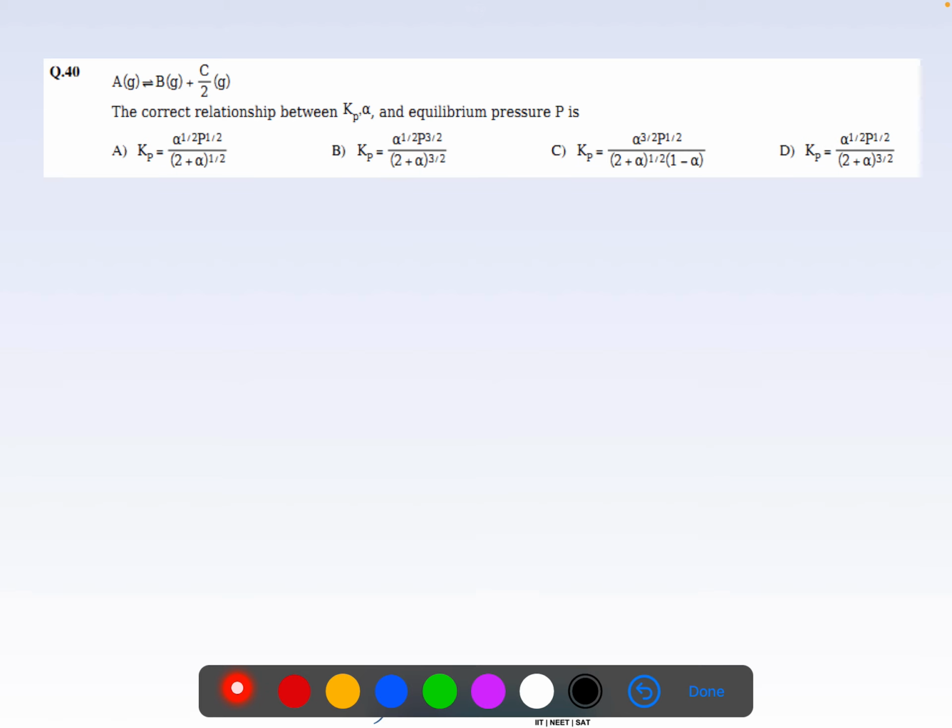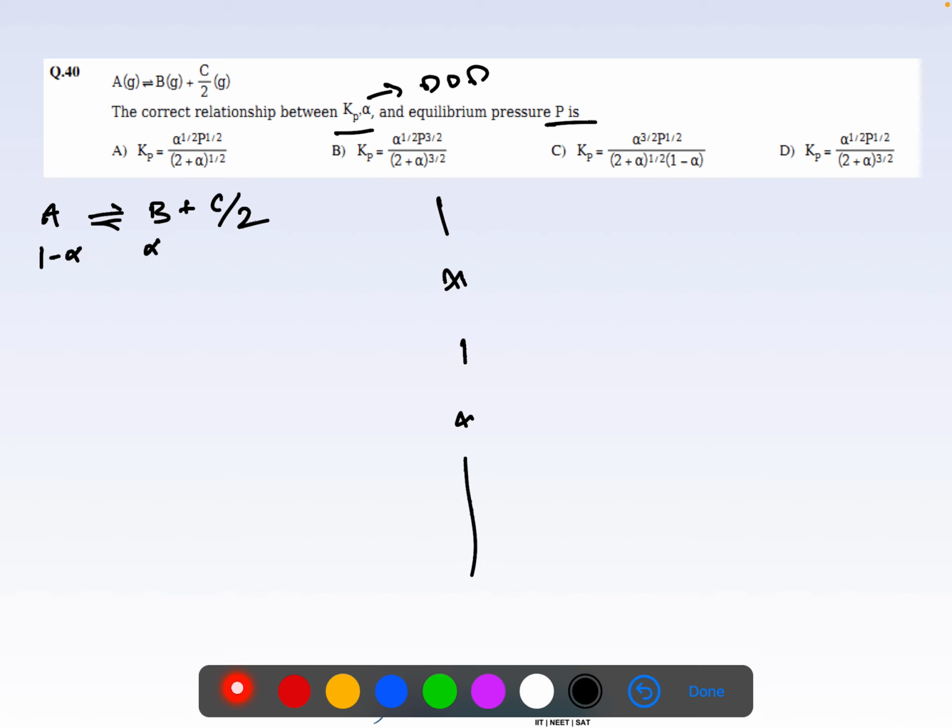In this we have to find the relation between Kp, alpha meaning degree of dissociation, and total pressure at equilibrium. So for example, if I write this as A giving rise to B plus C by 2. So if I assume that we started the reaction with 1 mole and alpha is the degree of dissociation, then for alpha mole there will be alpha moles of B formed and alpha by 2 moles of C formed.